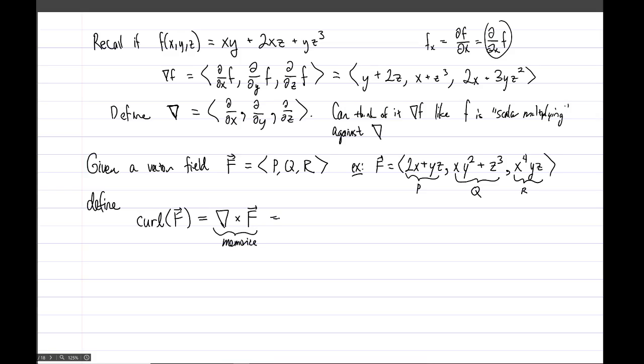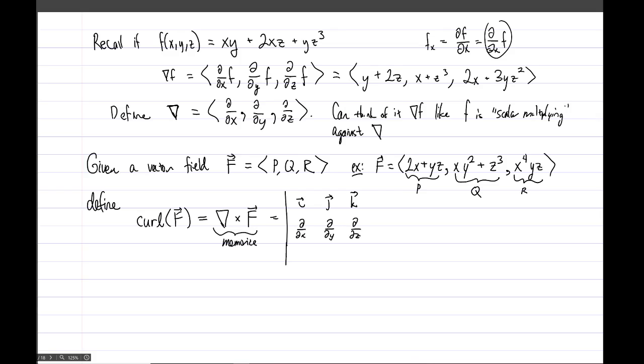This may look a little funny, it takes a little getting used to, but you'll be fine. When you take a cross product, you have i, j, k, and then take the things that are part of this and treat it like a vector, like this thing that seems to look like a vector right here. So we'll have here partial derivative with respect to x, partial derivative with respect to y, partial derivative with respect to z.